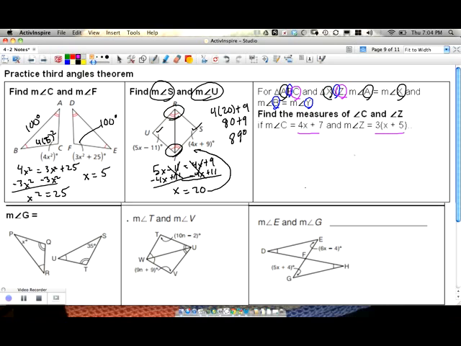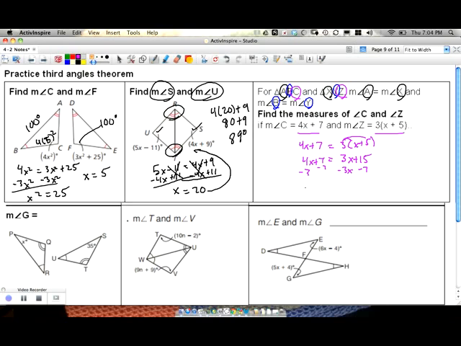If I were to distribute this 3, that gives me 3x plus 15 equals 4x plus 7. Then we can start doing some algebra here. Subtract 7 from both sides. Subtract 3x from both sides. That's going to give me x on the left side and 8 on the right side. The 3x's are gone and the 7's are gone.